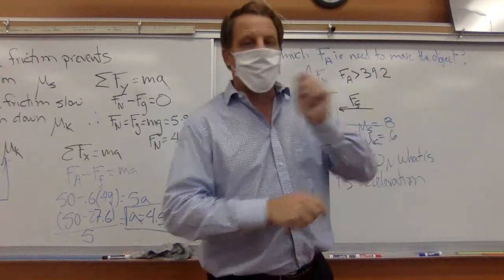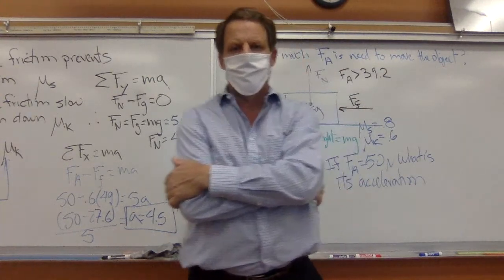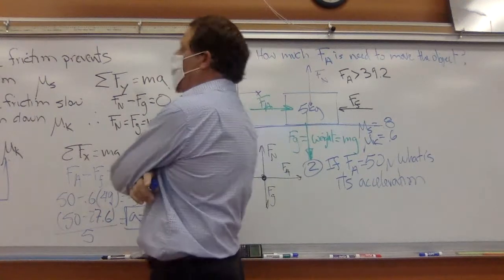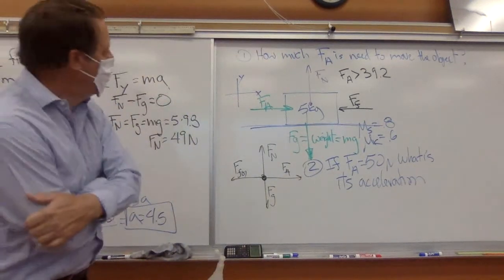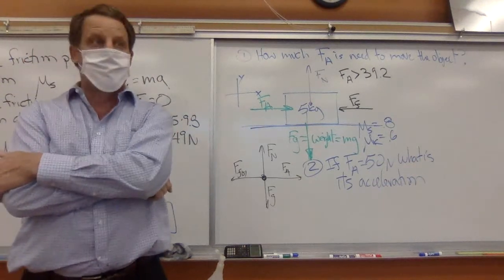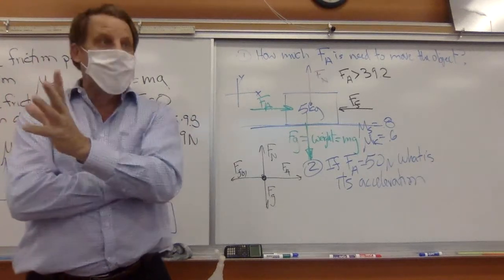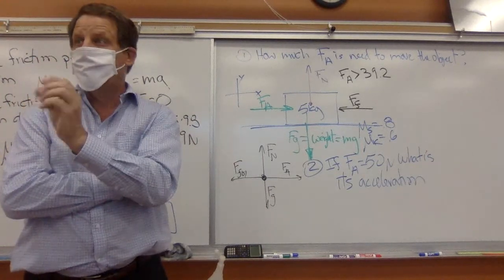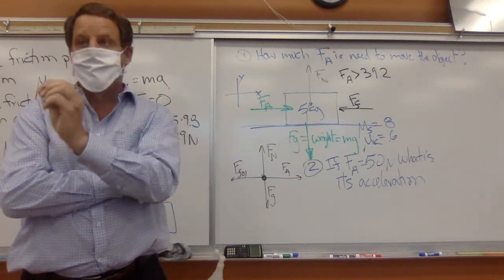So where it gets a little tricky is when you have an inclined plane. And I'm going to show you here, because it's a little bit trickier. I'm going to set up a free body diagram for an inclined plane.